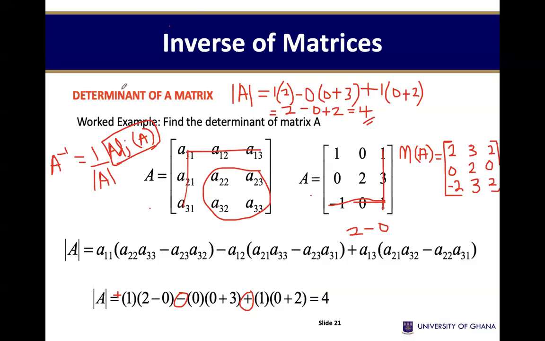Joshua. Joshua, I see your hand up. Joshua is not available. All right, so I think we can move on. Okay, so now with the minor, finding the cofactors is very easy. Please pay attention here.